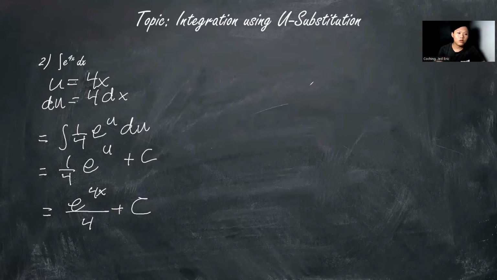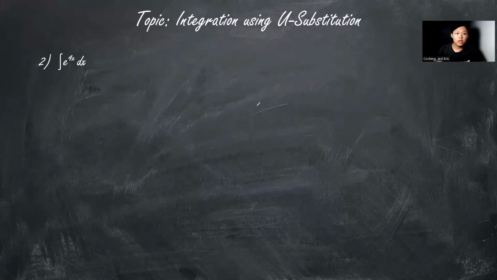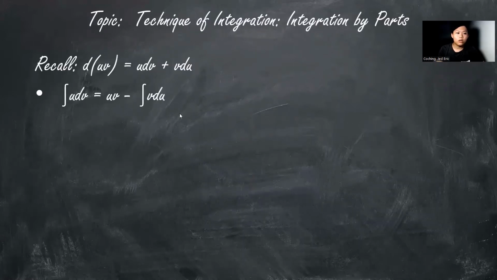The purpose of u substitution is to substitute more complicated expressions with u so that we can easily solve it and understand. Okay, let's clear this and move to the next topic.